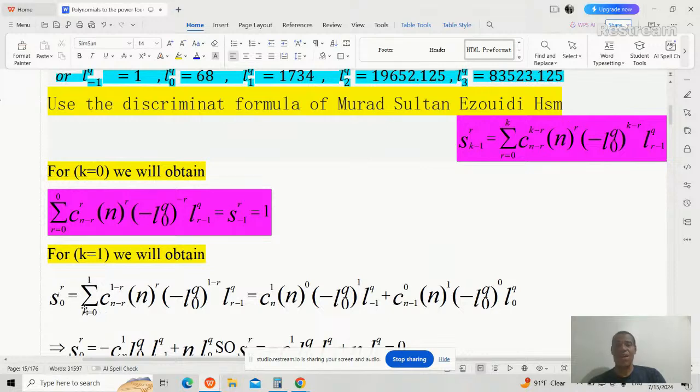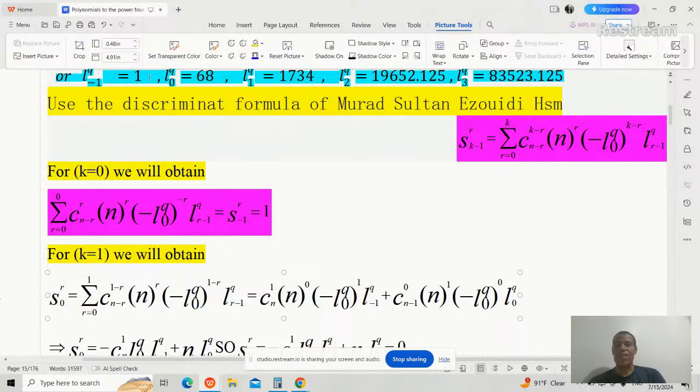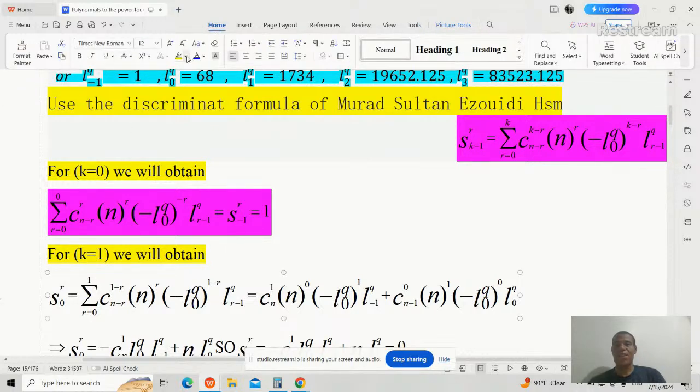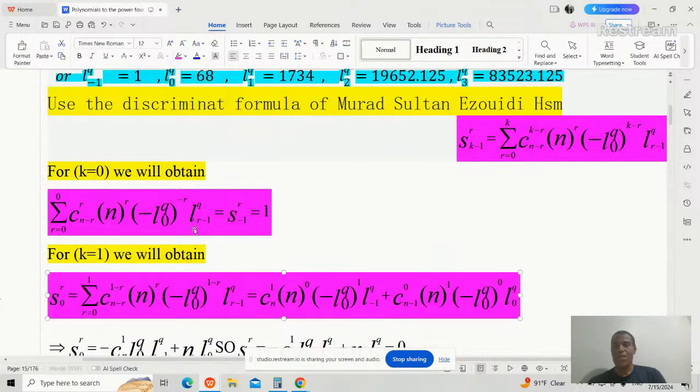S0 of order r equals the sum from 0 to 1, combination n minus 1 choose 1 minus r times n raised to the power r, multiplied by minus L0 of order q raised to the power k minus 1. The k is 1 here. That's why we replace k with 1 in this formula.